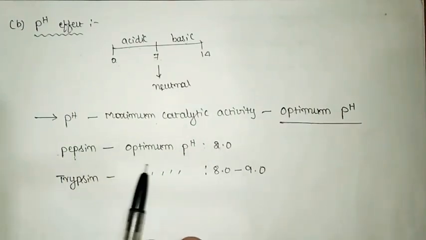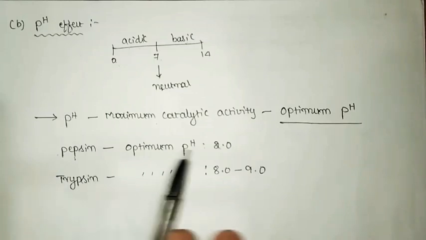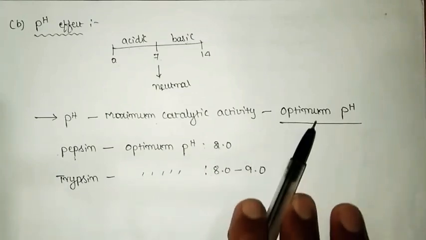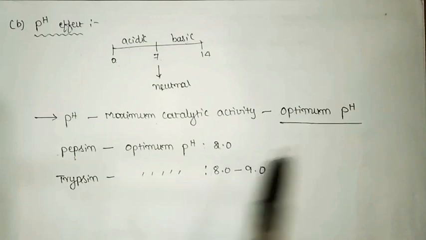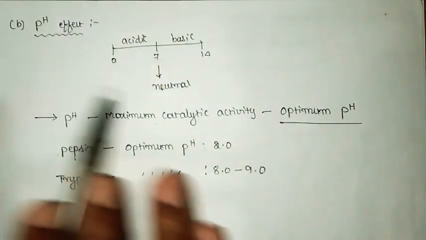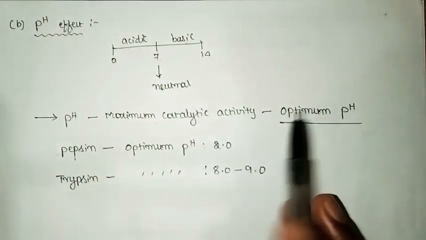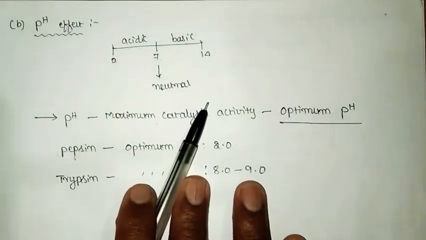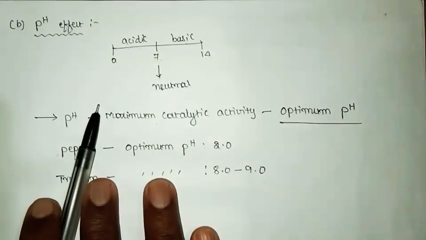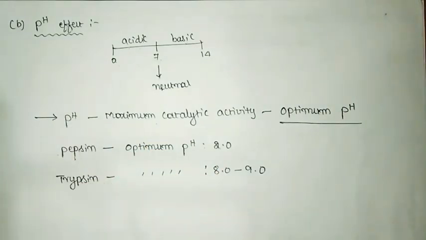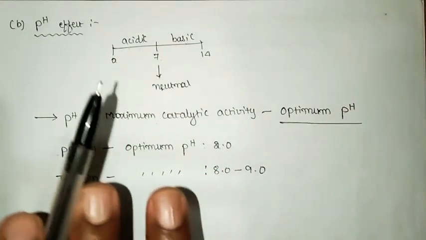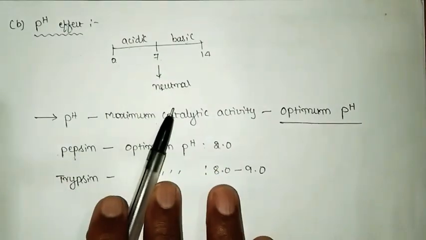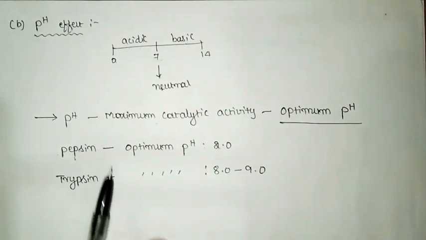So they will show maximum catalytic activity at that particular optimum pH value only. If it goes lower than that optimum pH or higher than that, then we cannot expect maximum catalytic activity by that enzyme. So pH is very important for observing maximum catalytic activity by the enzyme.